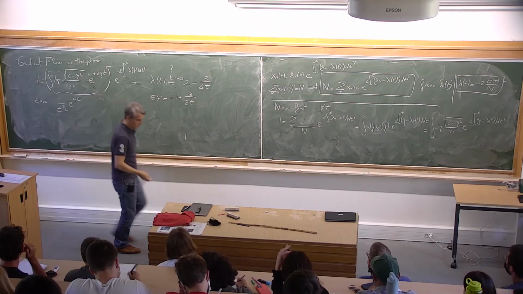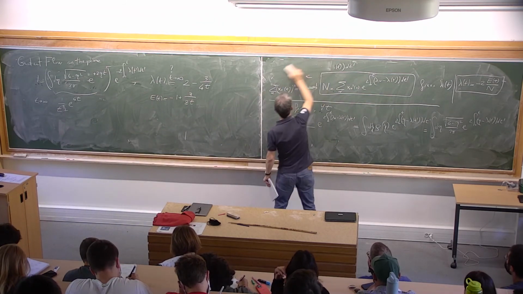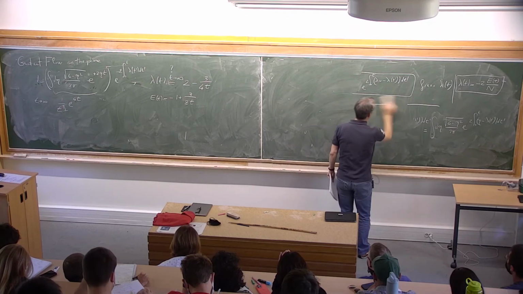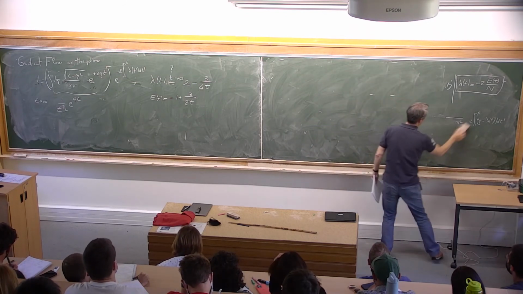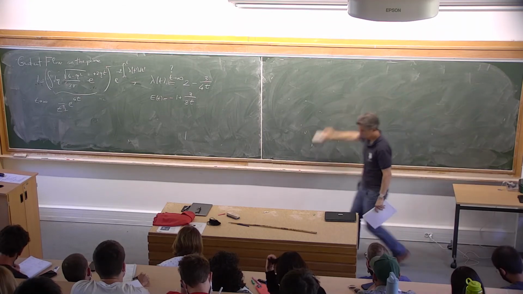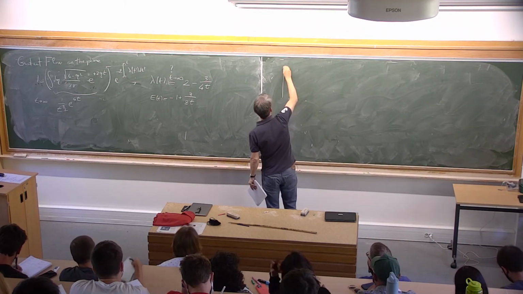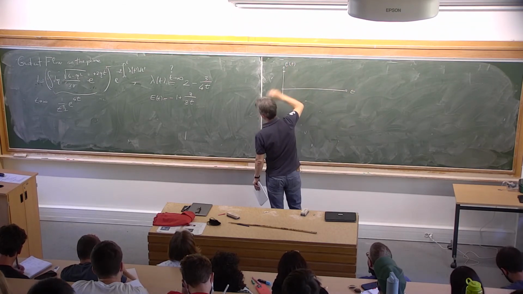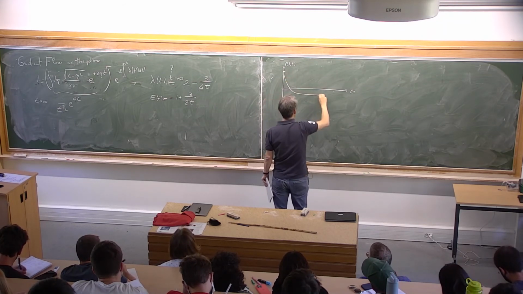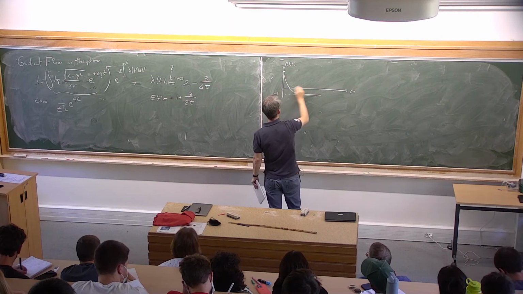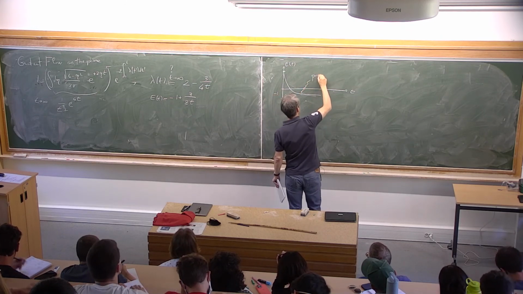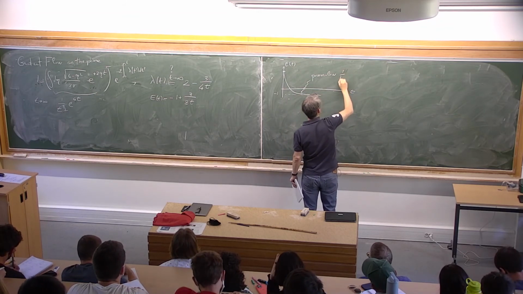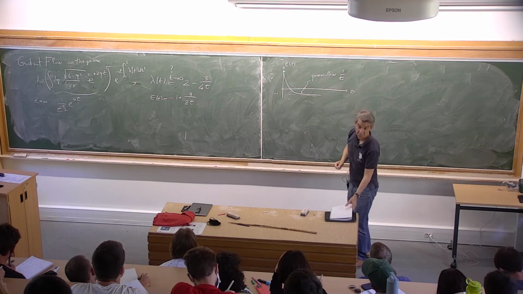So what this means, and now I will do it on the right-hand side, if I plot the energy as a function of time, what I'm getting is that I start from a certain value, and then I will go down to minus 1. And I go down here with a power law. So no exponential relaxation, a power law, which is of order 1 over t. OK.